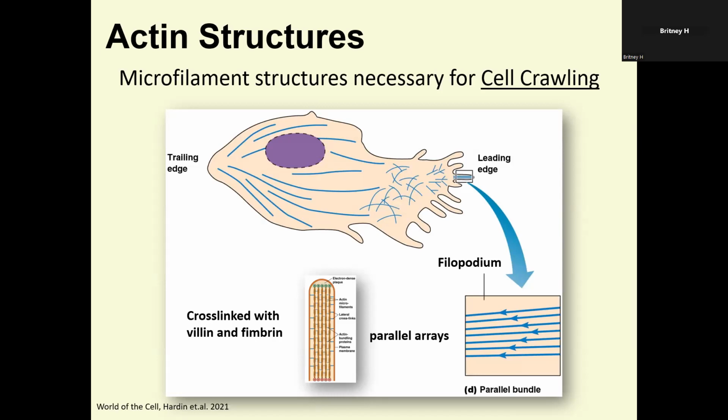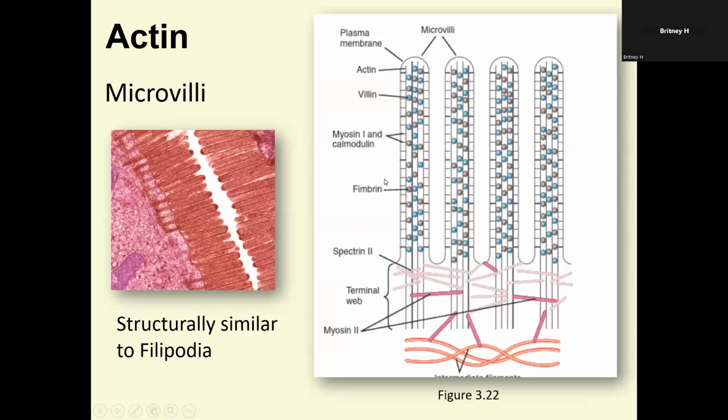Inside of it, you've got all parallel arrays of microfilaments. And that's important, the fact that they're parallel, because that's different from what we'll see in other places. So the plus end of the microfilament is embedded in some electron-dense material here, which basically just means proteins. So you've got the plus end embedded in the proteins and then parallel arrays. And these are going to be stiffened with cross-linking proteins.